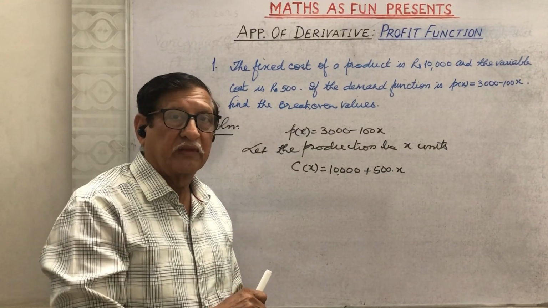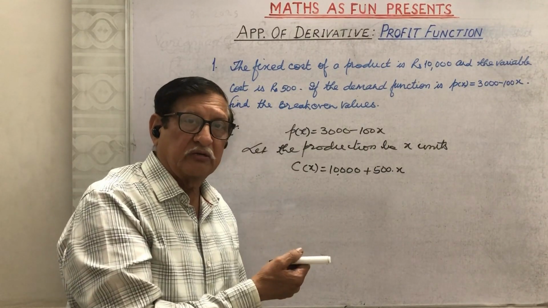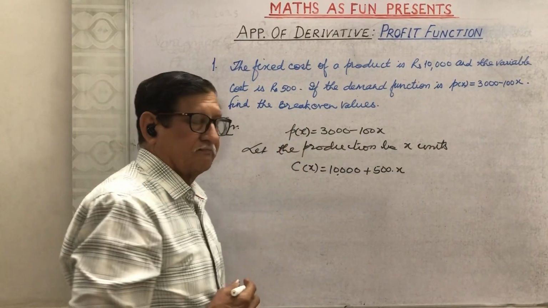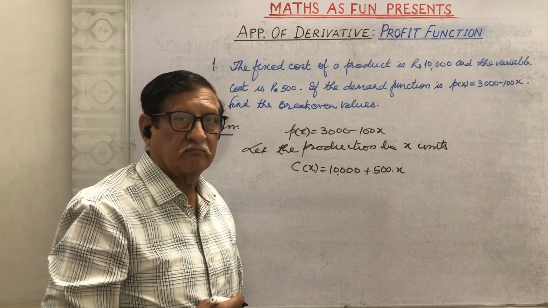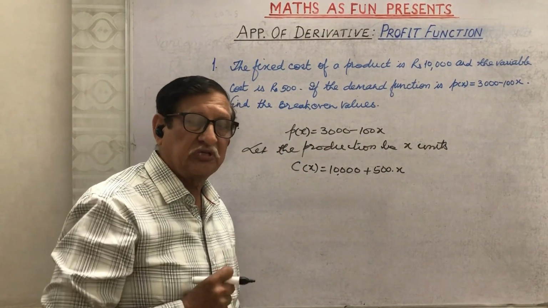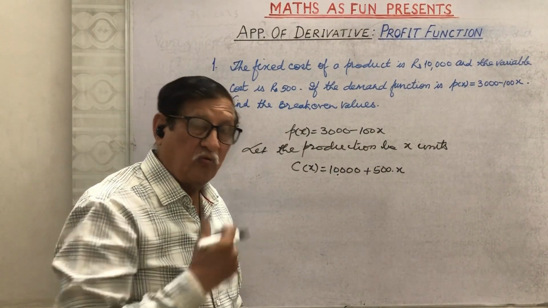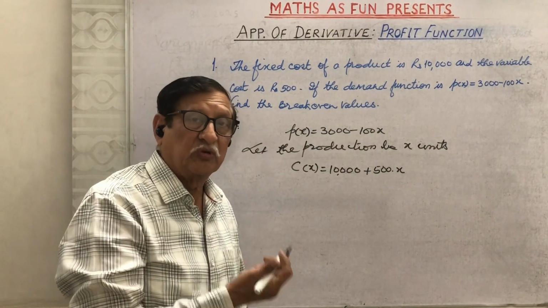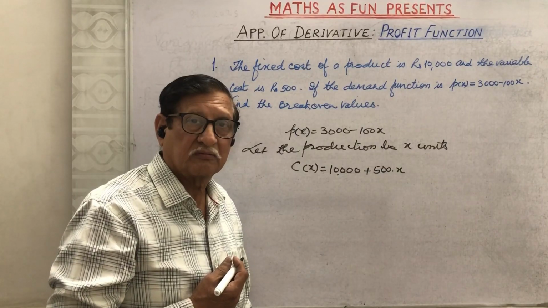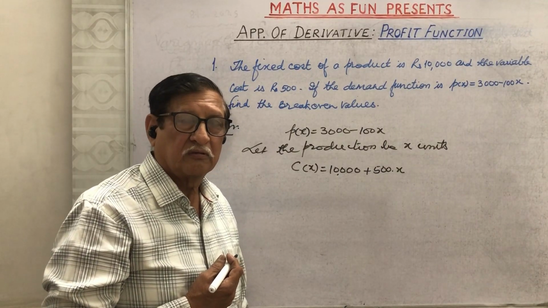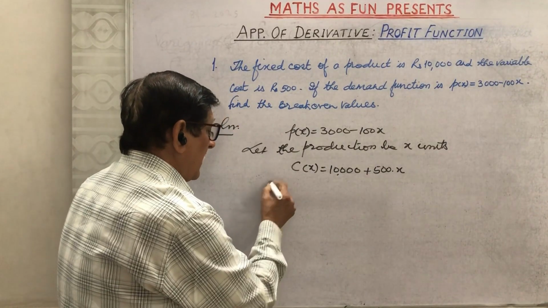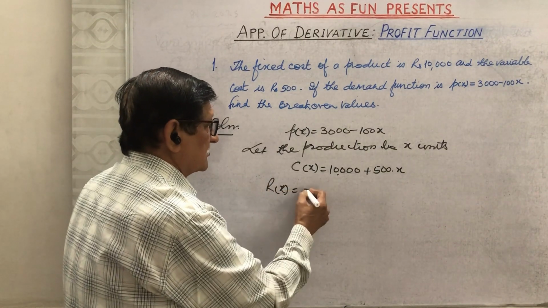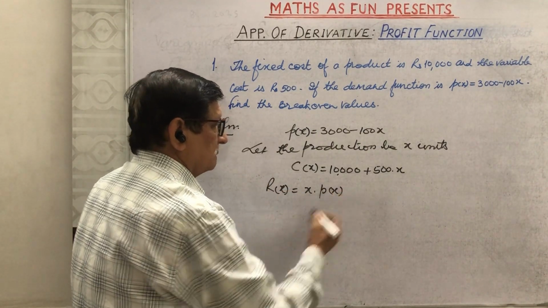Now we know for the break-even point, R(x) should be equal to C(x). What is R(x)? R(x) we know is x into P(x). So we write here R(x), the revenue function, is x into P(x).